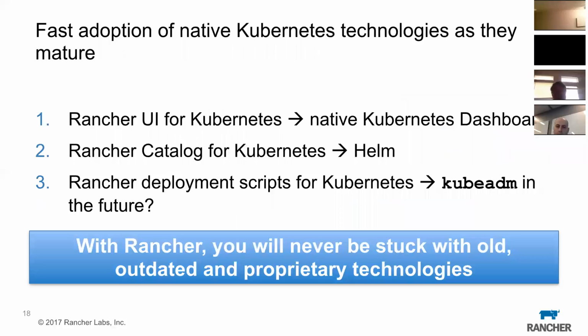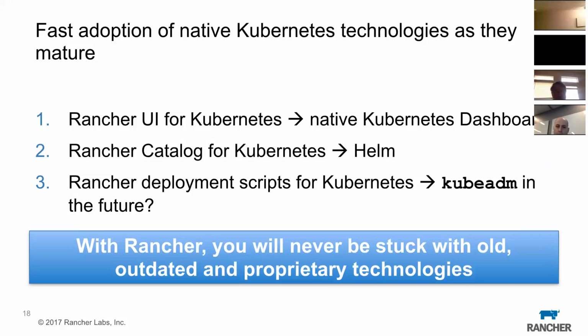So previously we had our own user interface for Kubernetes because the Kubernetes dashboard wasn't really there yet. But we felt that the current state of the Kubernetes dashboard is very good. So in Rancher 1.4, we switched out our own user interface to integrate the native Kubernetes dashboard.